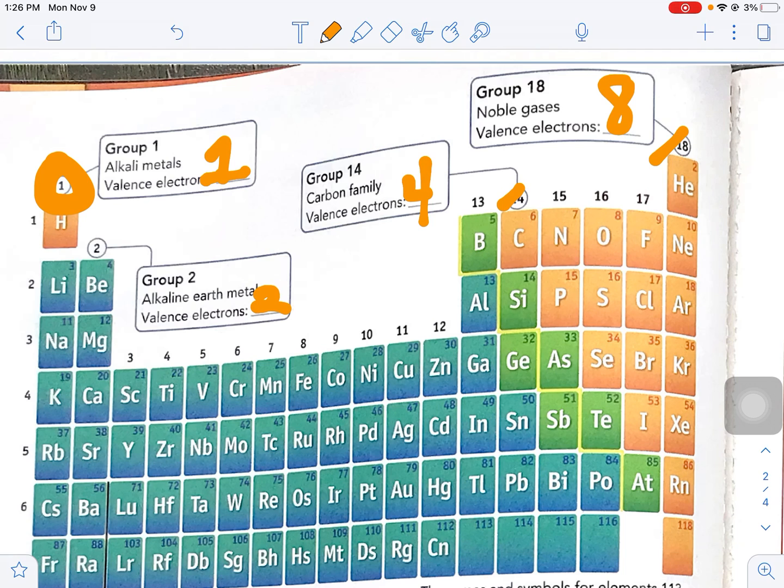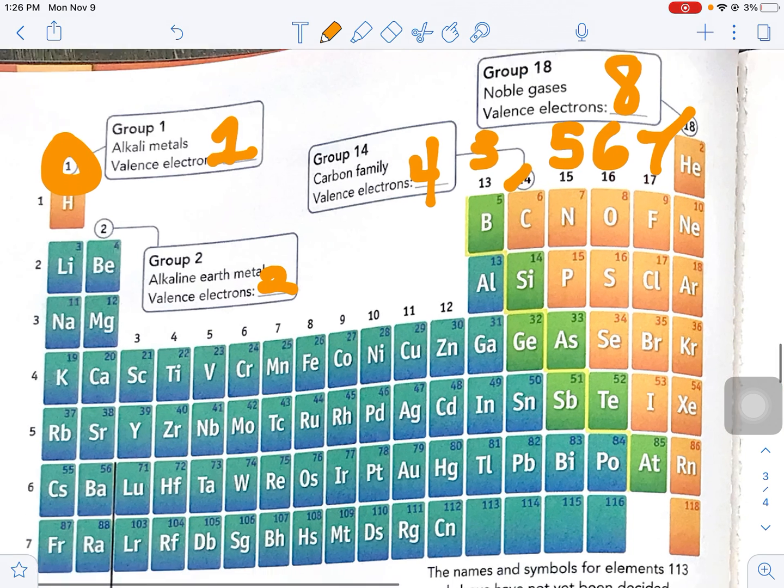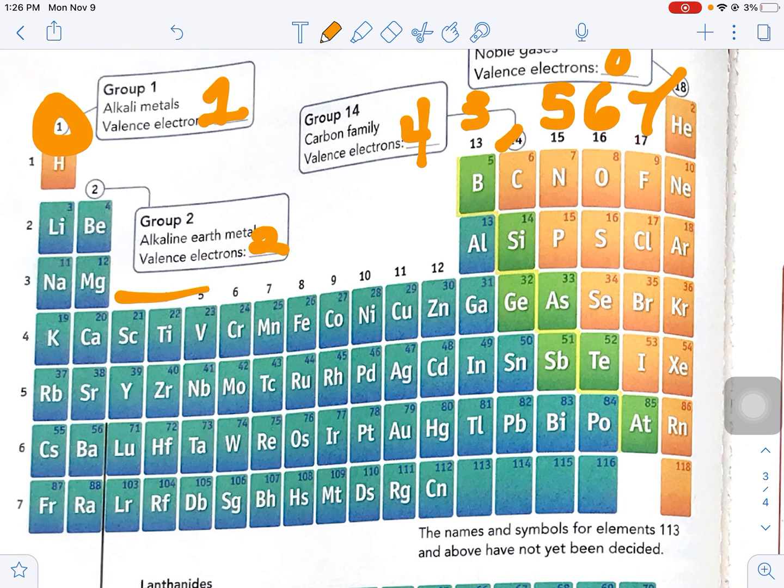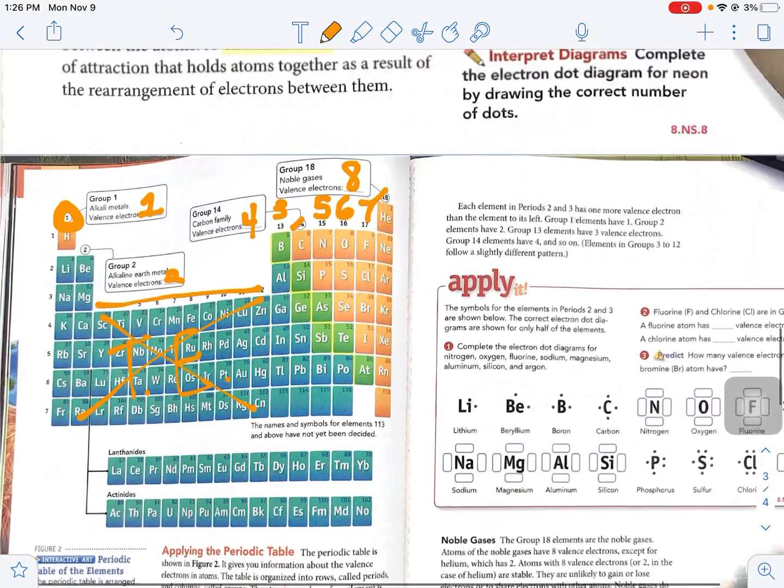The group 13 is going to have 3, the group 15 is going to have 5, the group 16 is going to have 6, the group 17 will have 7. You just drop that teen off. Now remember, I told you that these here are going to have different rules, so we're going to ignore them. Those are the transition elements, and you'll find out later on in chemistry how weird those guys actually are.